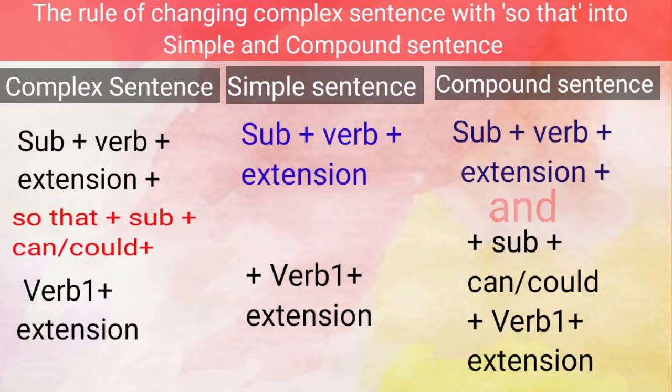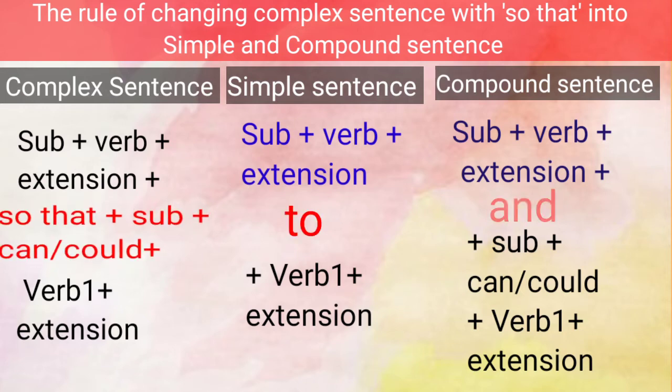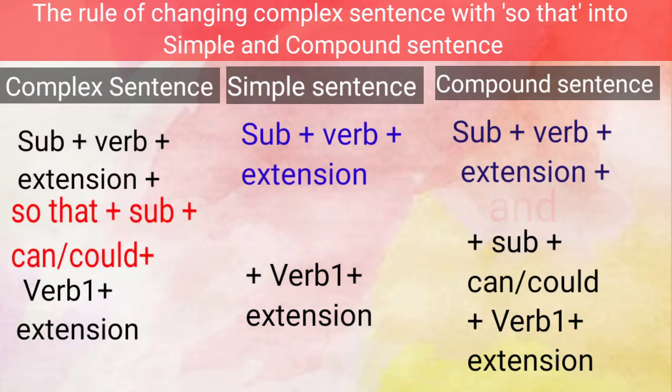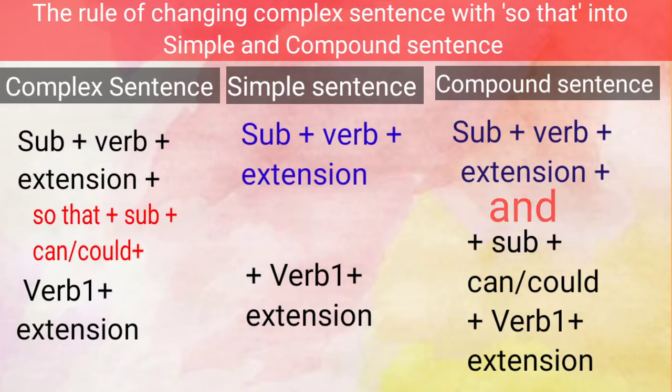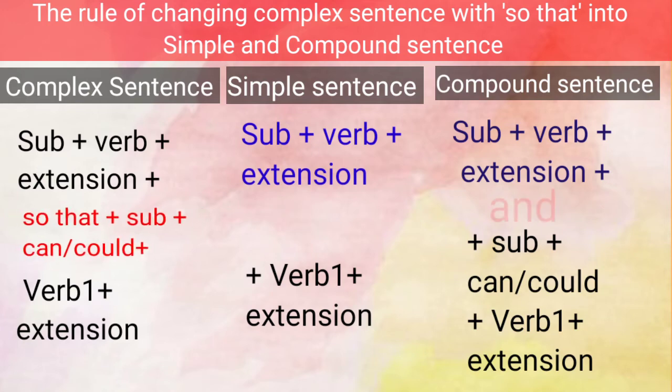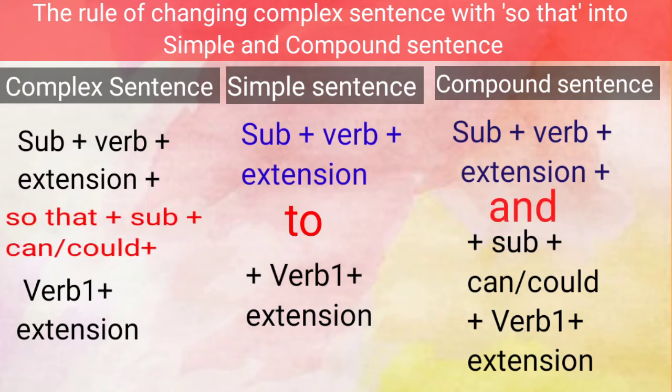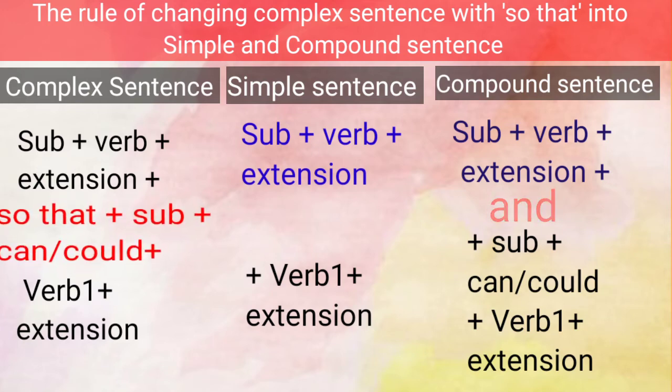Then I have used to. Then I have written the rest of the sentence. And in the compound sentence, I have omitted so that, and in the place of so that I have used the coordinating conjunction and.